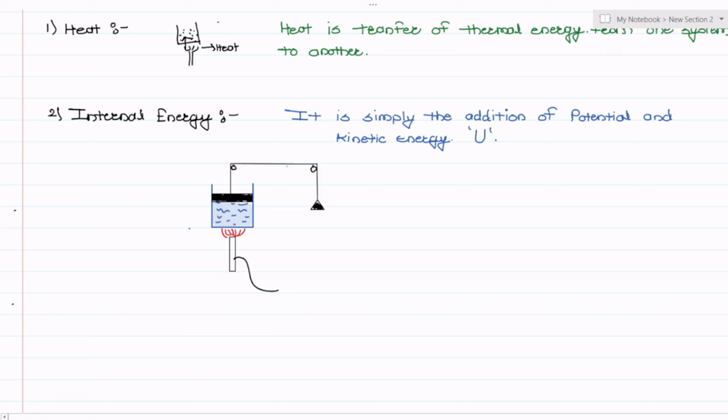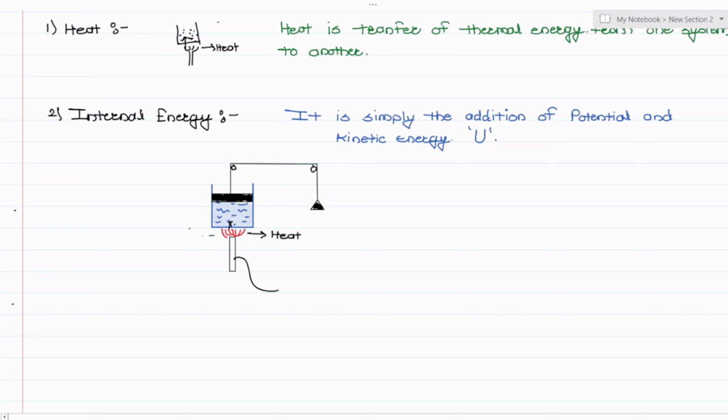Now here we can see that if heat is given to the system, this is the heat source, heat is given to the system means water gets higher temperature or water gets thermal energy. So due to this thermal energy, internal energy of that water gets increased. Okay, and some part of heat is converted to work done. Means what?